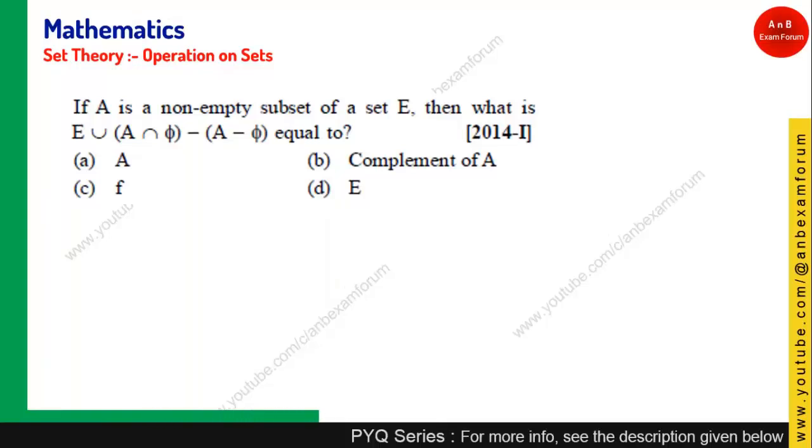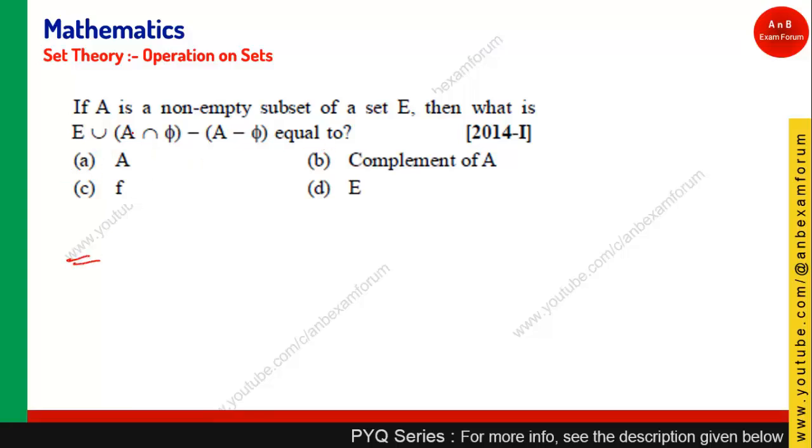So the question says that A is a non-empty subset of E. What is the simplification of this? Let's simplify. A intersection phi is the null set. Anything which is common with phi is again phi, because no elements are common between them, so it will become phi.